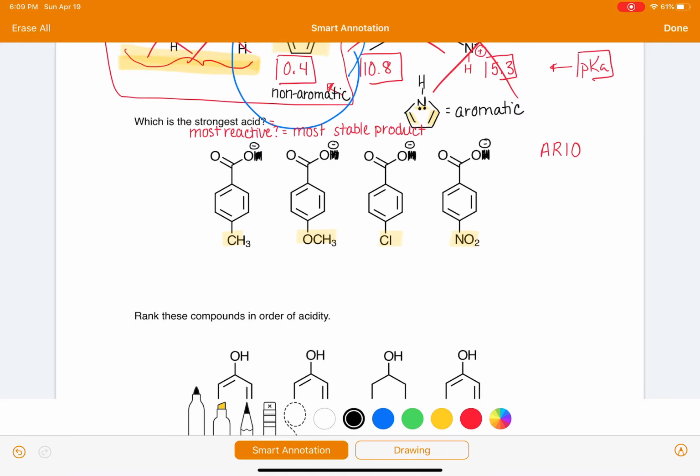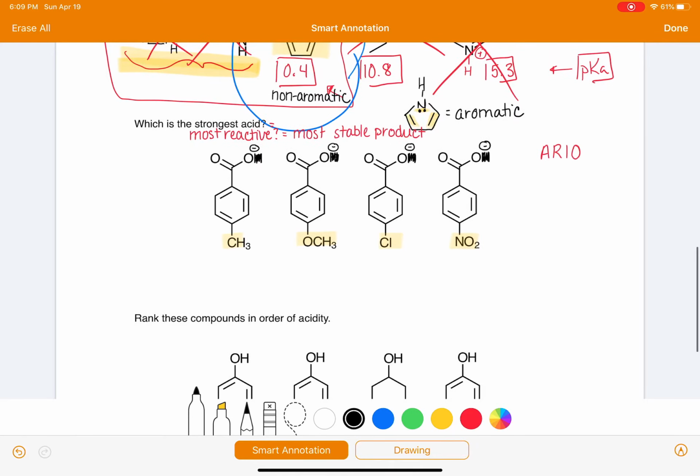And what we want to think about is, what do these substituents do for the ring? What can they offer or take from the ring? And I always want you to think about NO2 in its drawn out form like this. We did spend some time thinking about all of these different substituents.